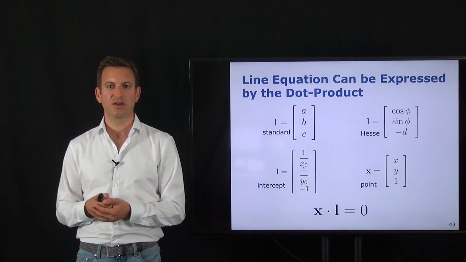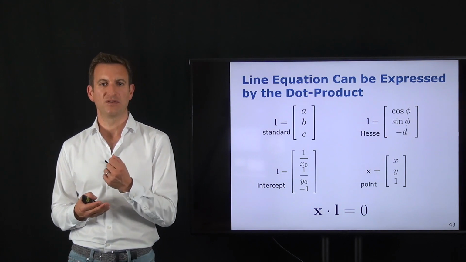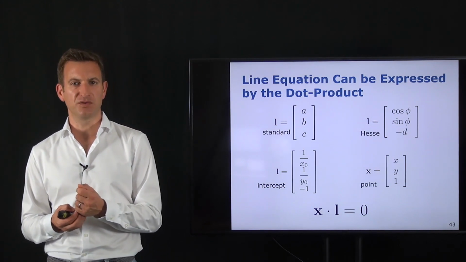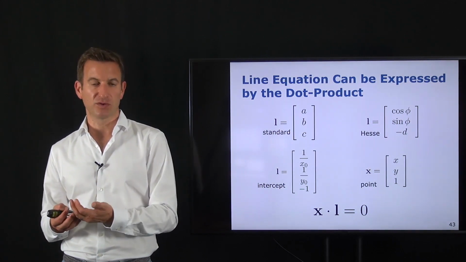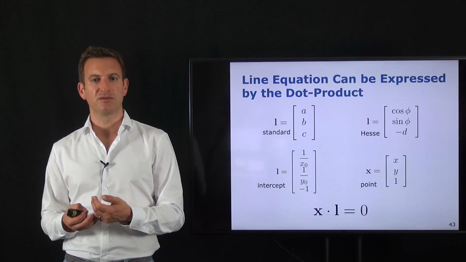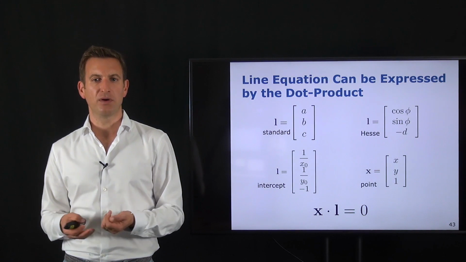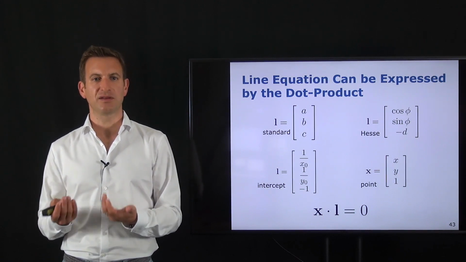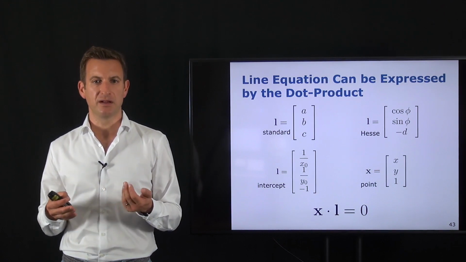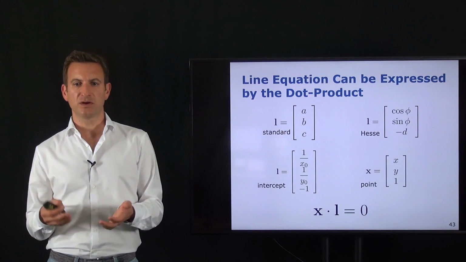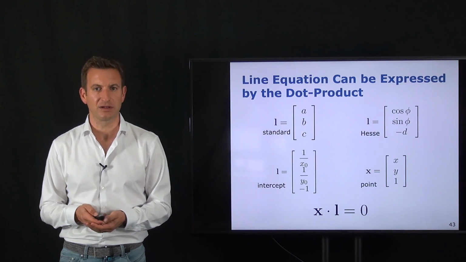So that is very conveniently written as x multiplied with the line equation must equal 0. So through the dot product, we can express the test if a point lies on a line. If we multiply a line, given with all 3 parameters, with a point x, y, 1, and the result is 0, it means the point lies on that line, because that means that it fulfills the line equation. So just by using the dot product, we can very elegantly check if a point lies on a line.